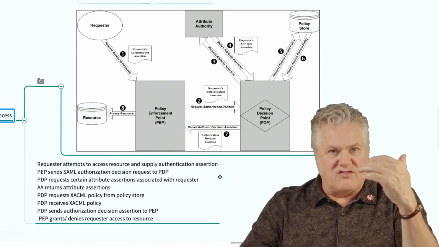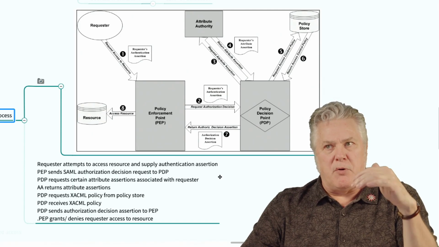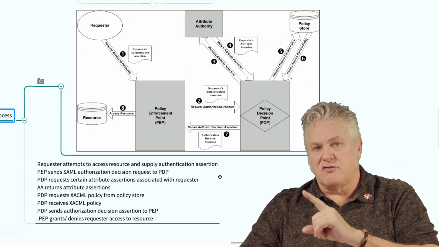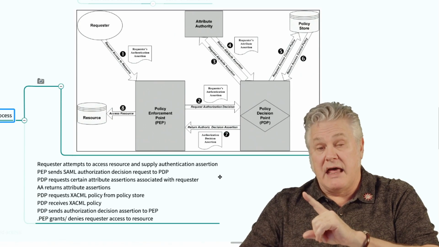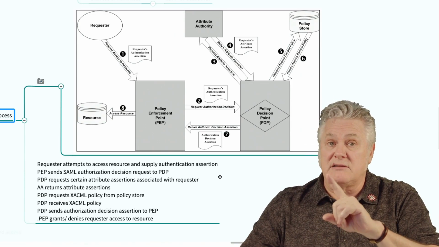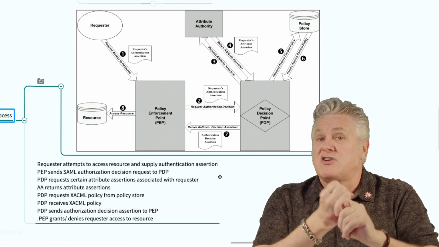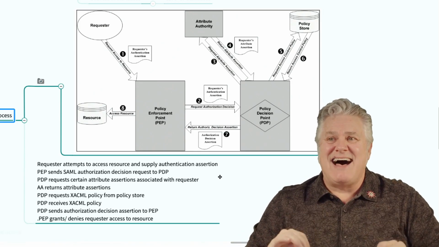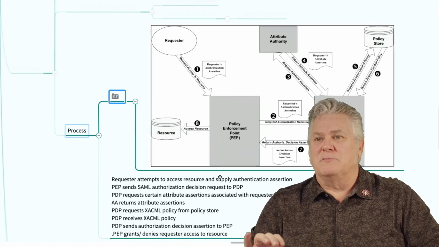So we step through each one of those components here to make this work. This is complicated. This requires a lot of coordination, and it requires a lot of modeling to be done upfront. Zero trust is not an easy thing to do, and policy-based access management is not an easy thing to do.